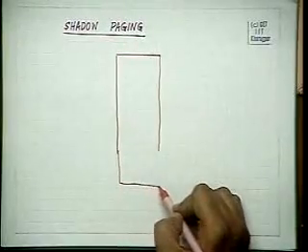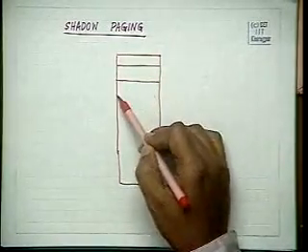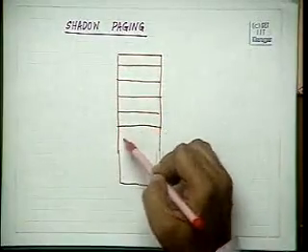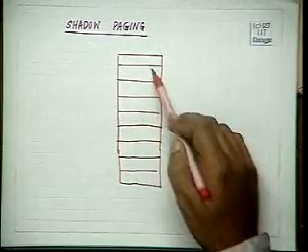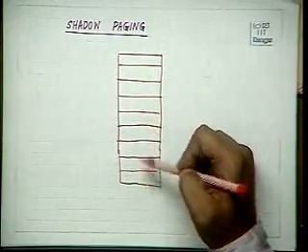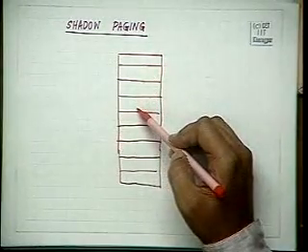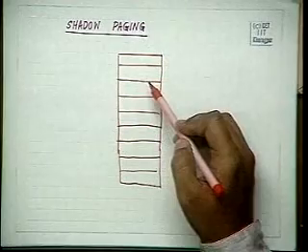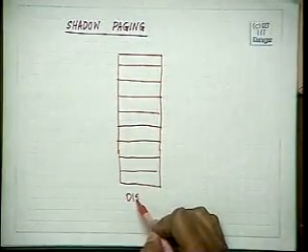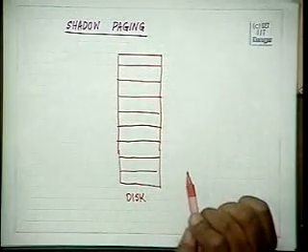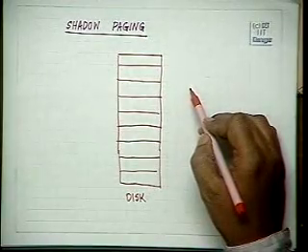Suppose this is the full disk area. It is divided into blocks or pages. These pages may not be in consecutive locations in the disk. So in order to know, for a particular file, what are the pages in the disk, for every file you have what is called a page table.